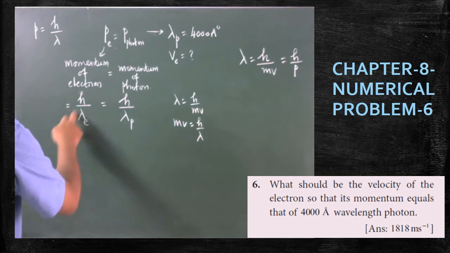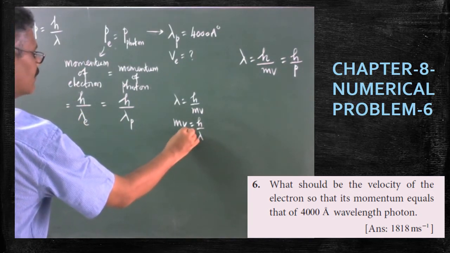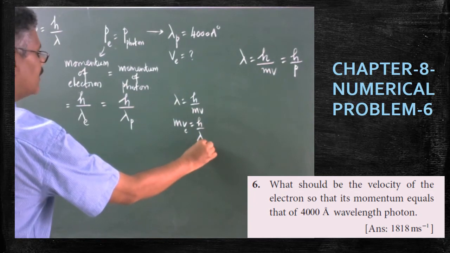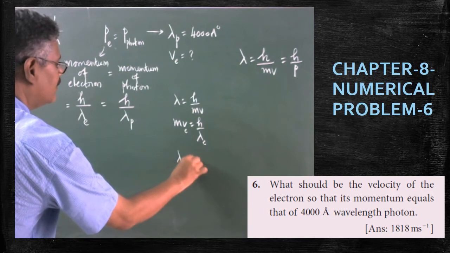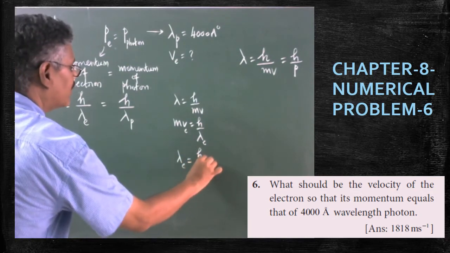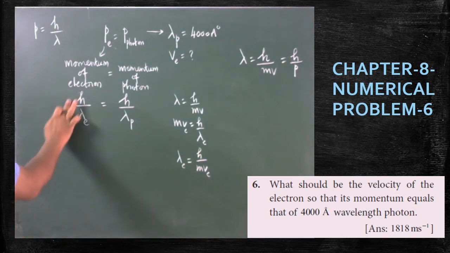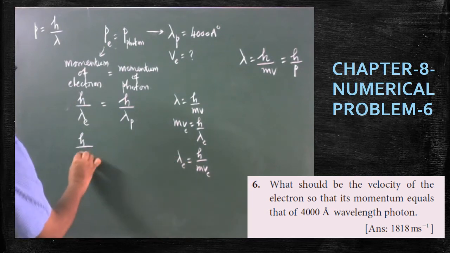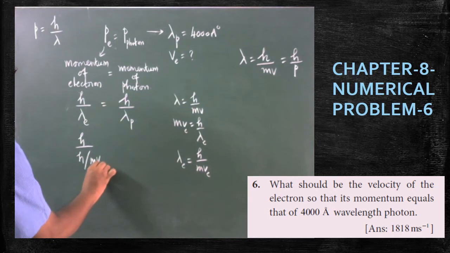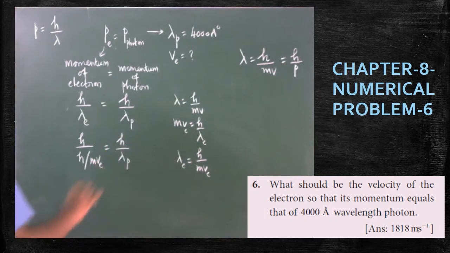Even the lambda e can be replaced by another formula. Lambda e is equal to h divided by m into ve. Replace this lambda e here: h divided by lambda e becomes h whole divided by m into ve. Here h divided by lambda p is there.